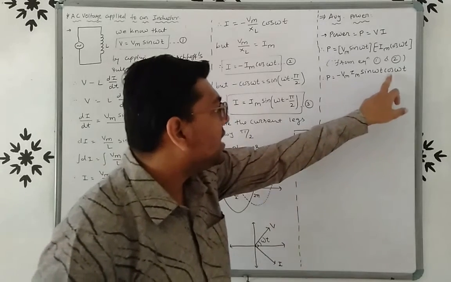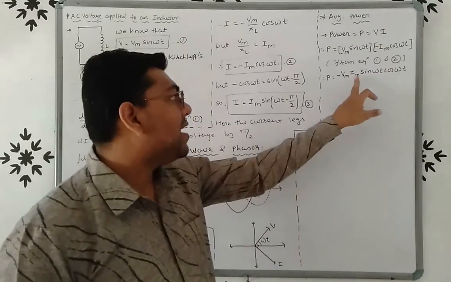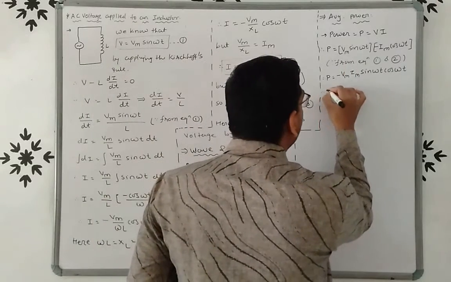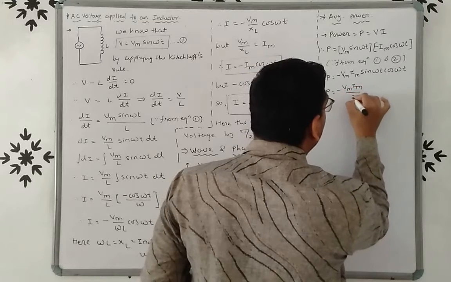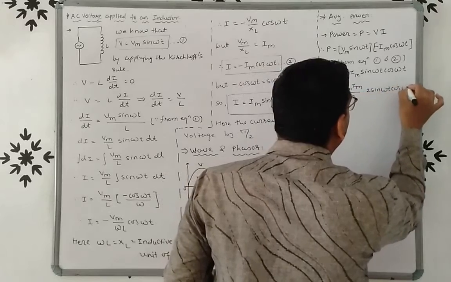So here sin theta cos theta is there. So here we have to multiply and divide by 2. So P is equal to minus Vm Im by 2 into 2 sin omega t cos omega t.